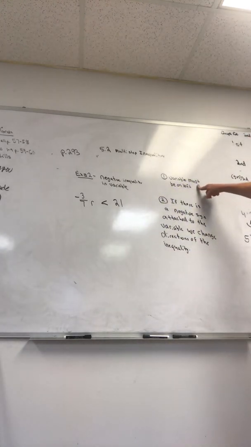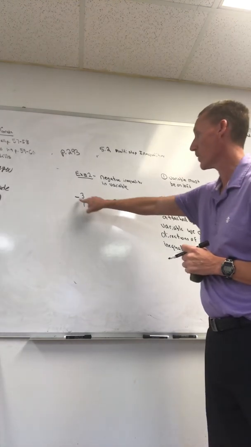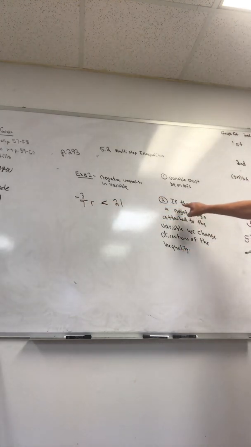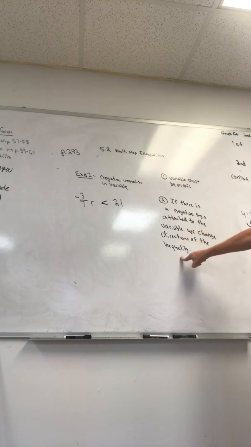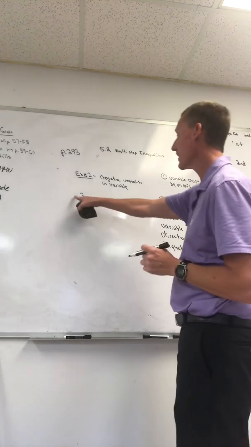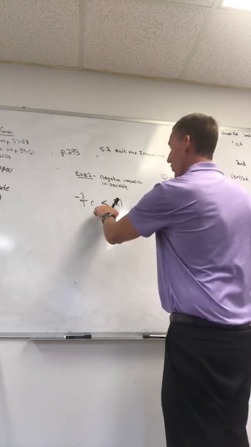First of all, the variable must be on the left. It is. However, there's a negative attached to the variable. So if there is a negative sign attached to the variable, we change directions of the inequality. So there is a negative even though it's on the left, so I have to change directions here.